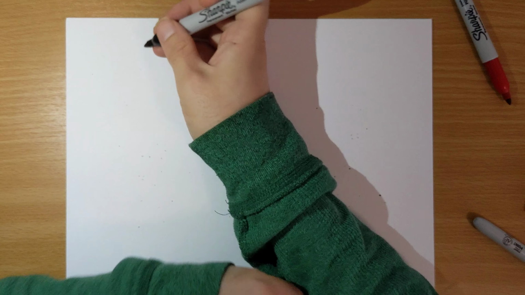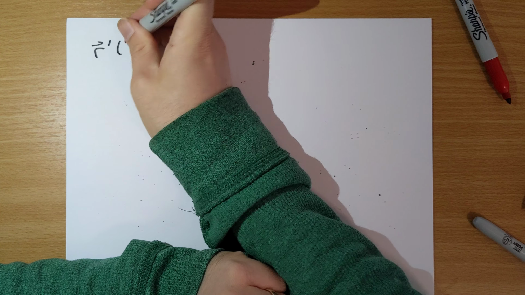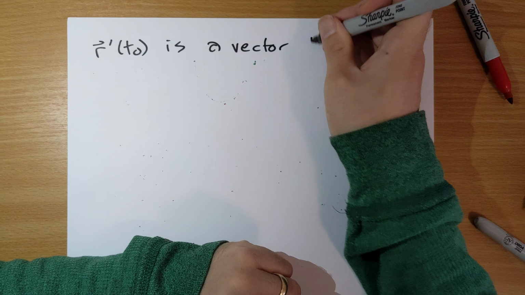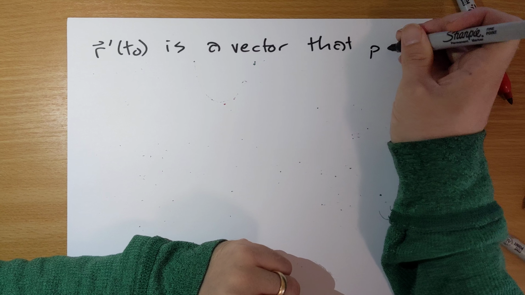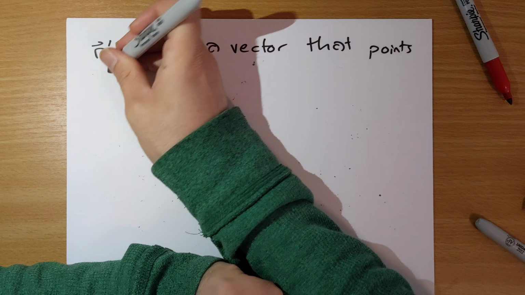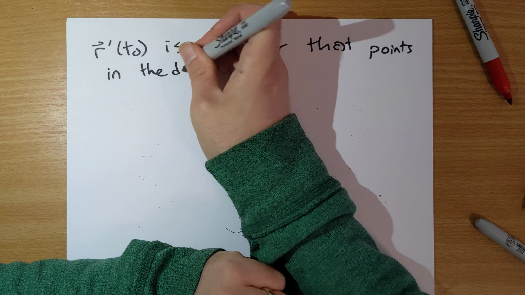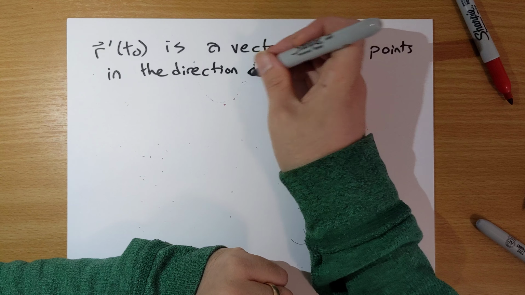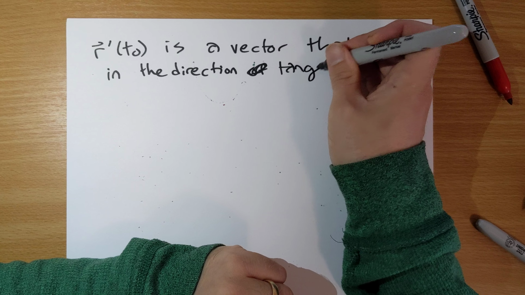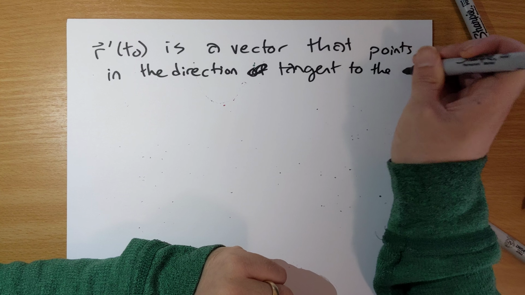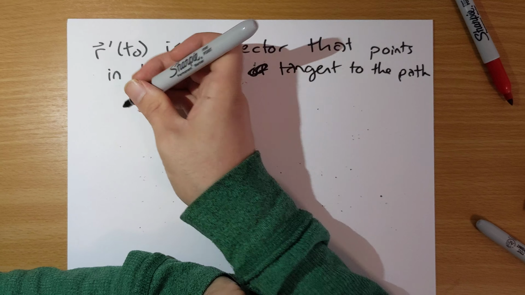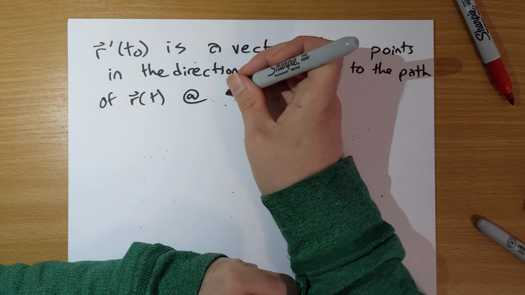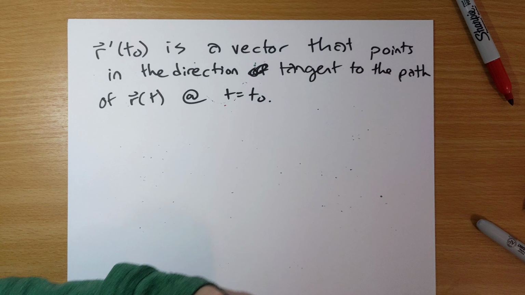Let me write the following fact. r prime of t naught is a vector that points in the direction tangent to the path of r of t at t is t naught.